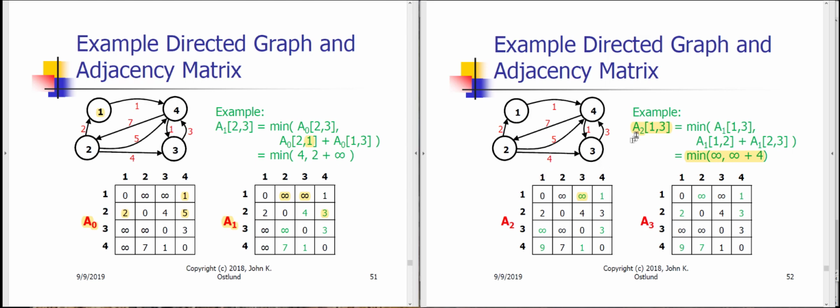All right, so to compute A sub 2, 4 comma 1, that's going to be the minimum of A sub 1, 4 comma 1. All right, well, A sub 1, 4 comma 1 is infinite. We can't do worse than that. Or the sum of A sub 1, 4 comma 2 plus A sub 1, 2 comma 1.